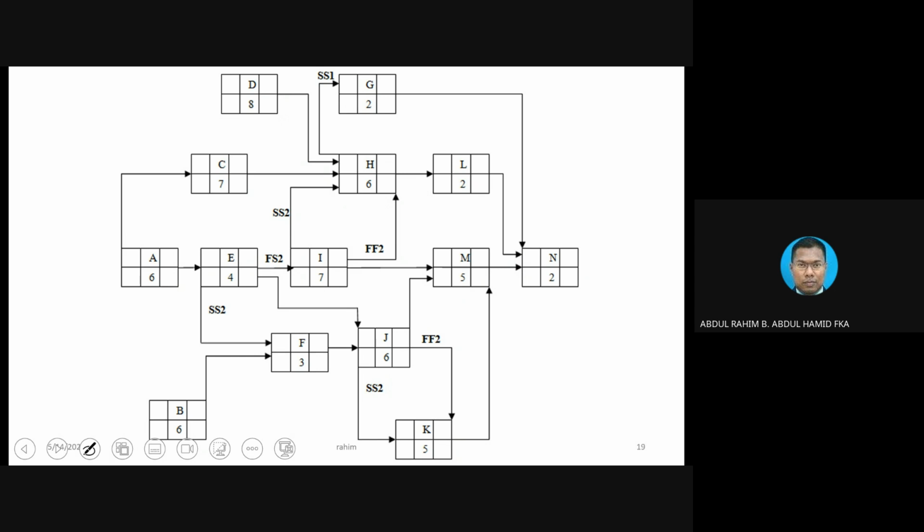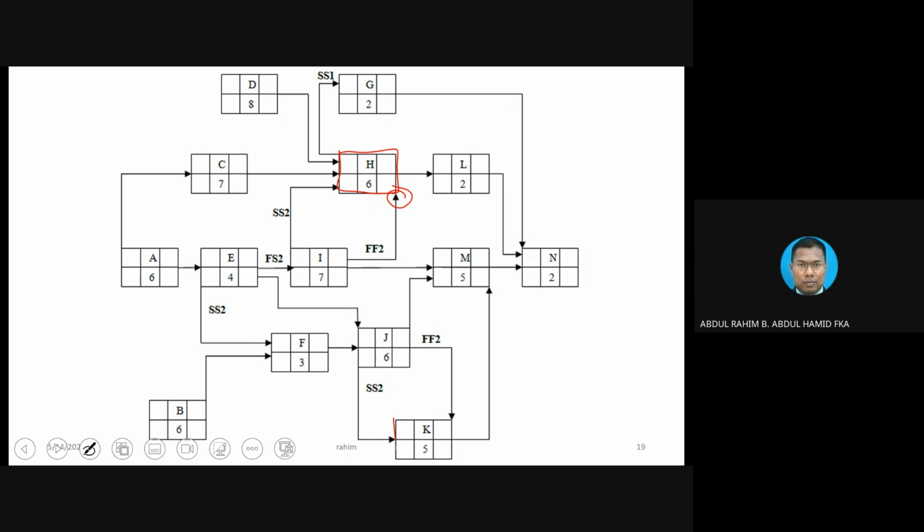Look at activity H. There are 3 arrows coming in, but there is also an arrow coming from the back. So you need to be very careful, because there could be a bigger value coming from the back, so you need to evaluate.